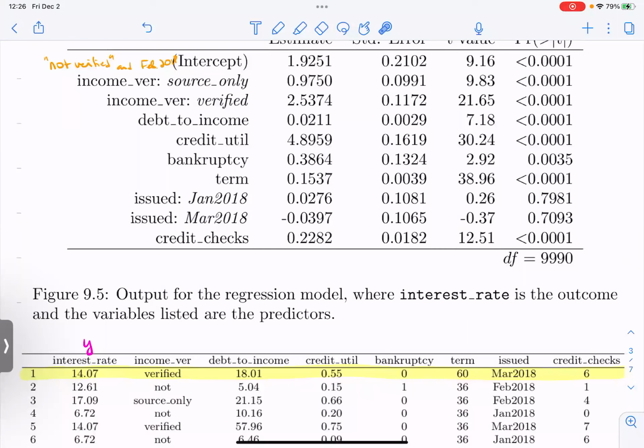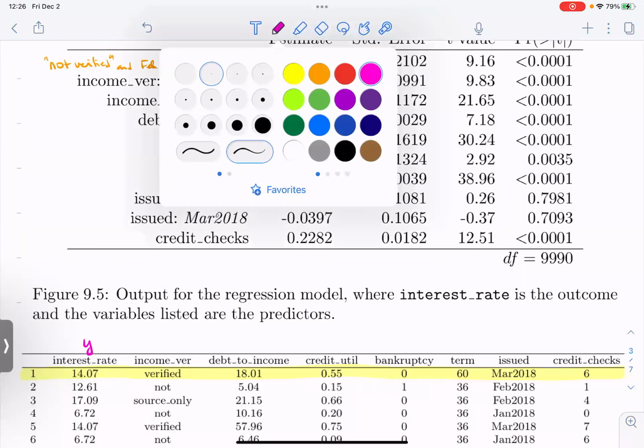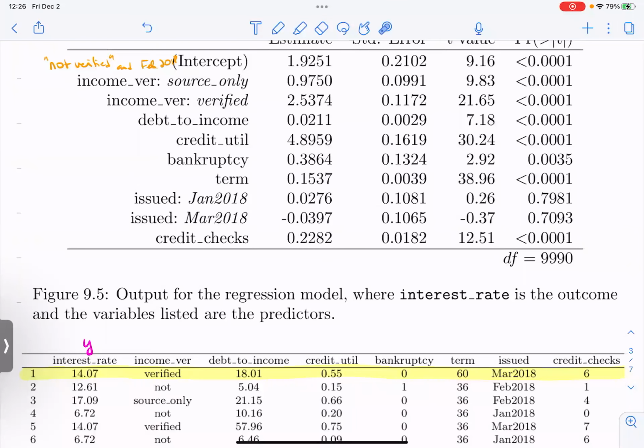It's always in our calculation. For the income verification, it's verified. So we set this to be 1, which means the source only can't be on. It can only be one of these things. So I set that to 0.